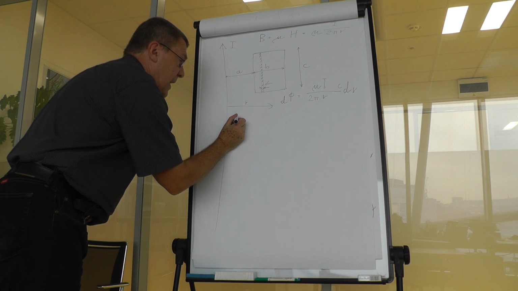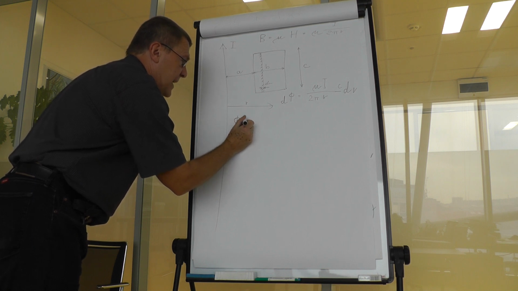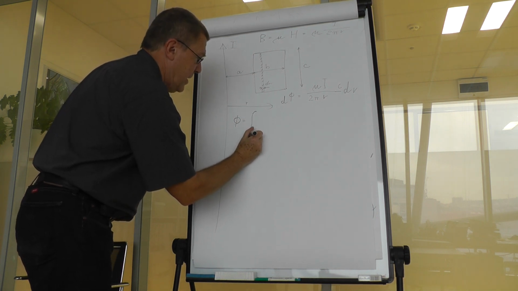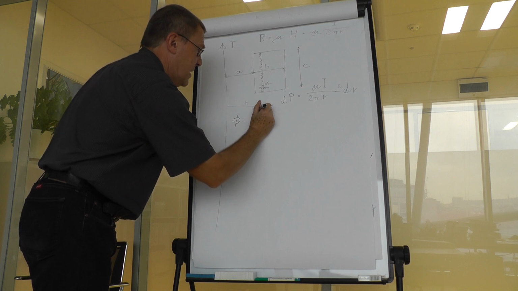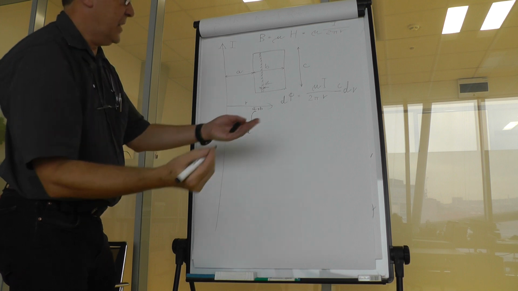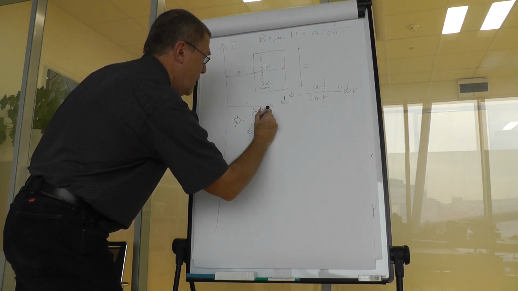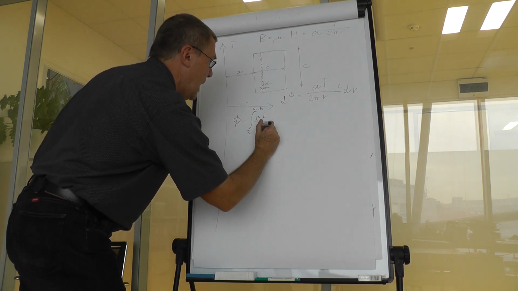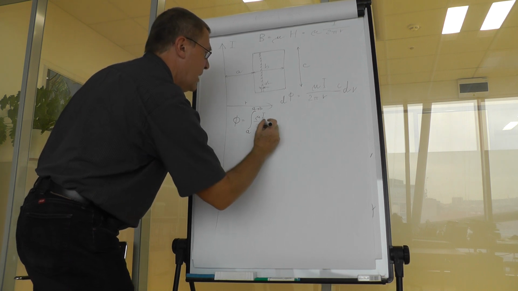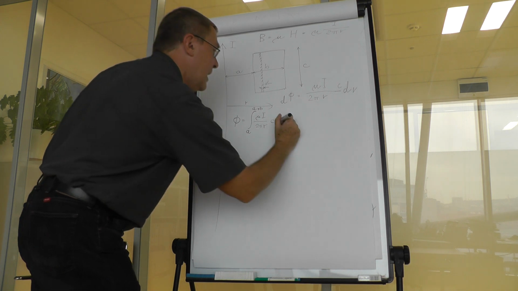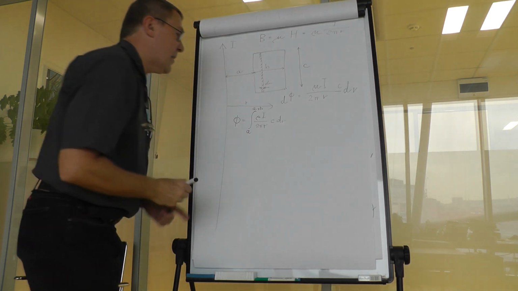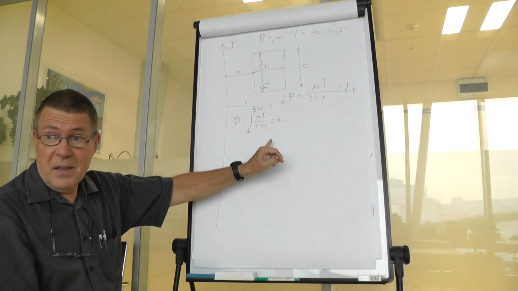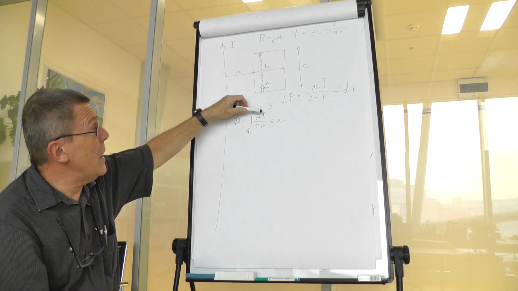The total flux phi is an integral from A to A plus B, and the integrand is mu I over 2 pi r multiplied by c dr.